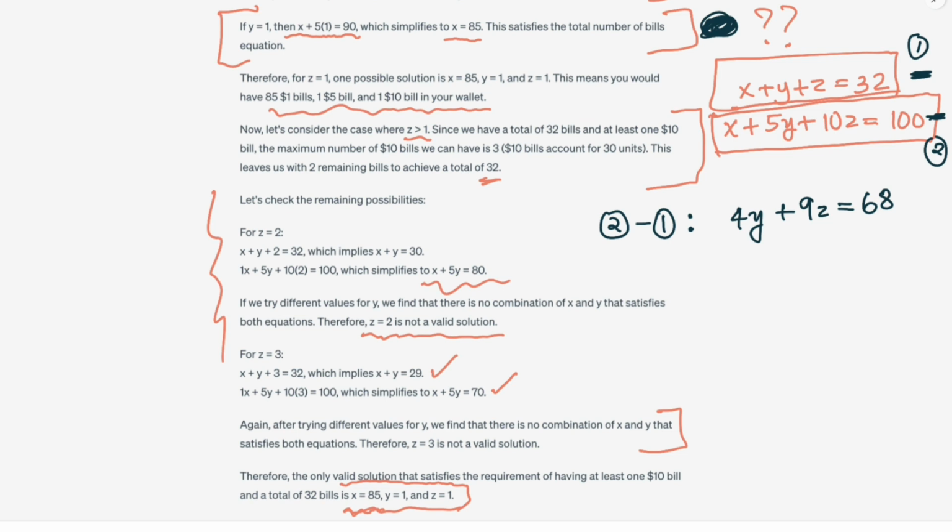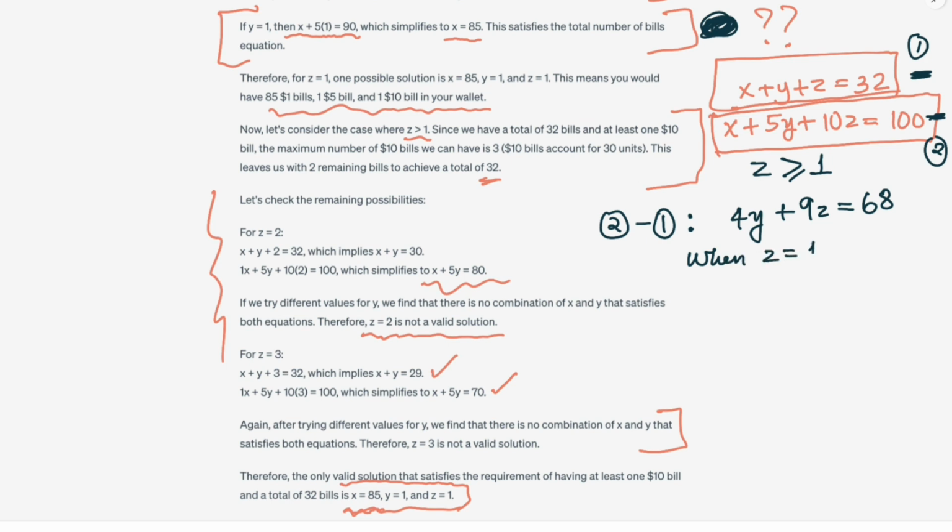Now, the constraint which ChatGPT recognized correctly was that we need z to be greater than or equal to 1. We need at least one $10 bill. So how do we use that information? We can reason like ChatGPT was trying to do. You start with z equals 1, and then you see what happens when z equals 1. So let's see.